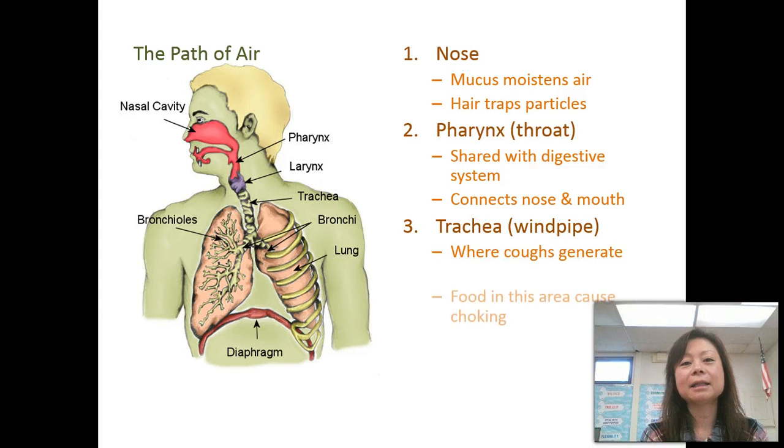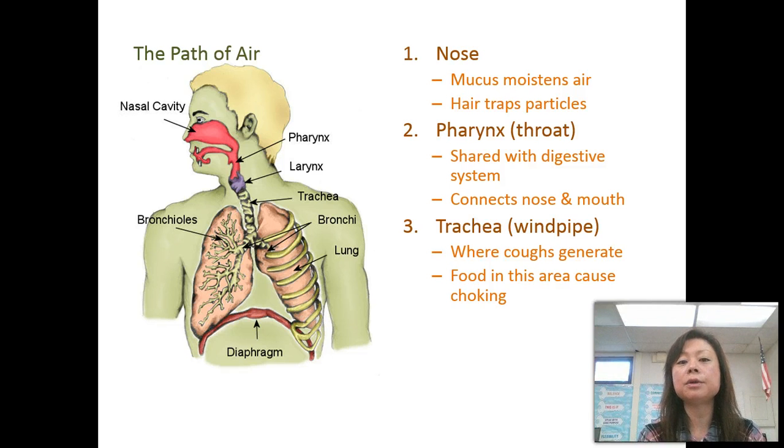And the trachea is also lined with cilia, and if any dust goes into the trachea, it will generate a cough trying to get it out. If food gets into the trachea, it can cause choking, but there is a little covering that protects it called the epiglottis.